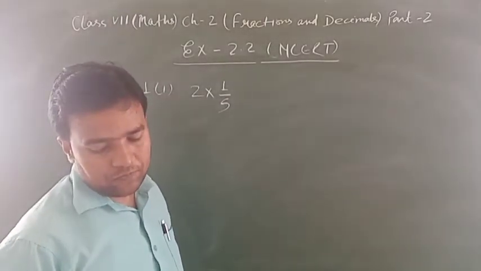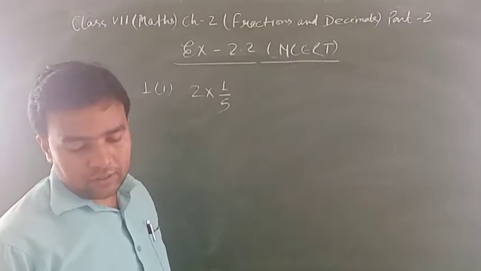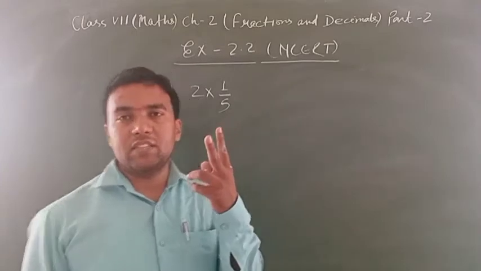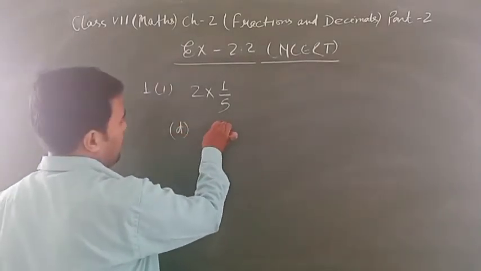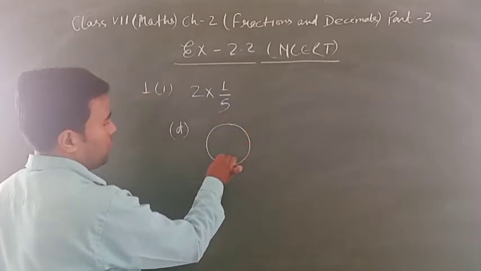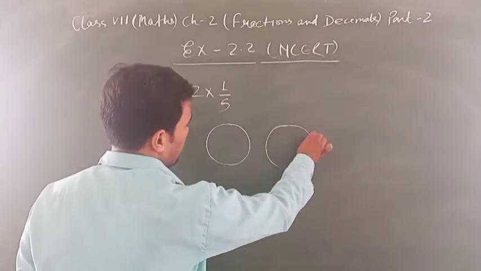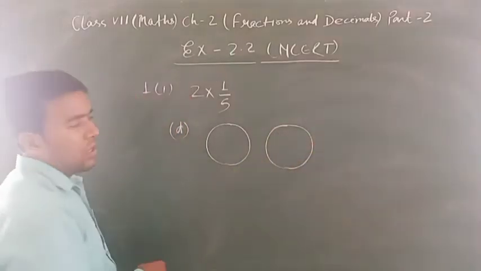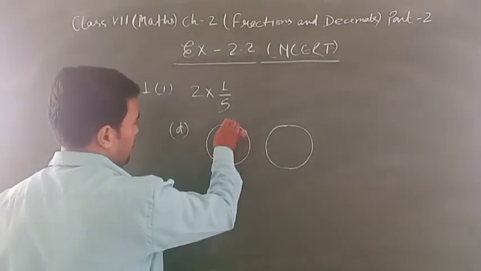You see in which part 2 figures are given. In D, 2 circles are given. Clear? And there are 5 parts.